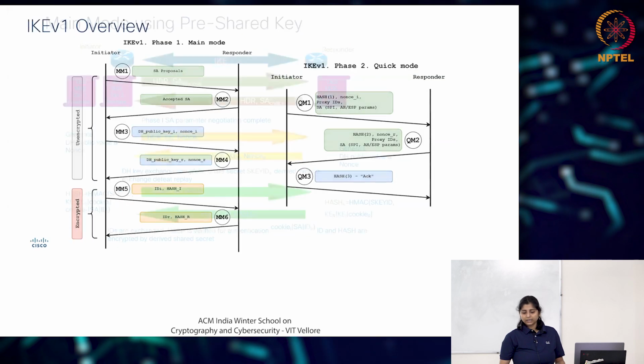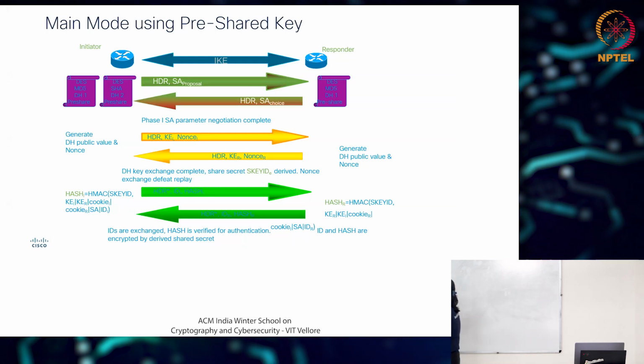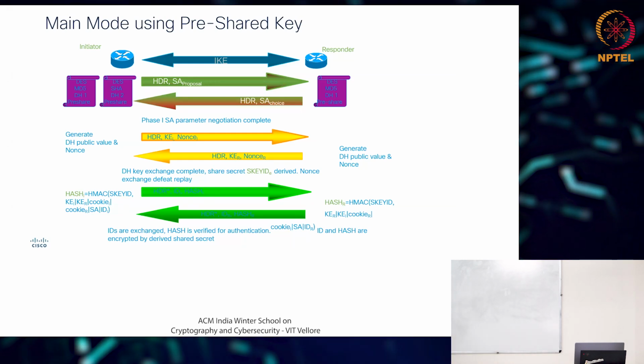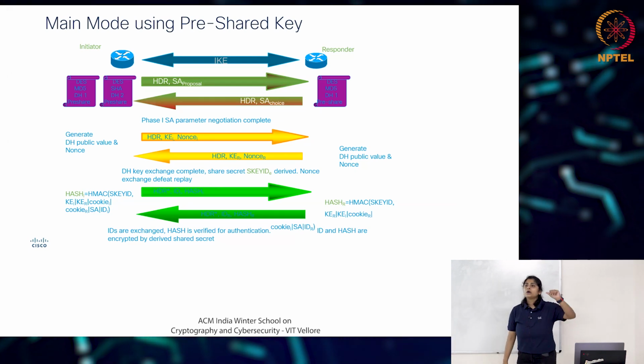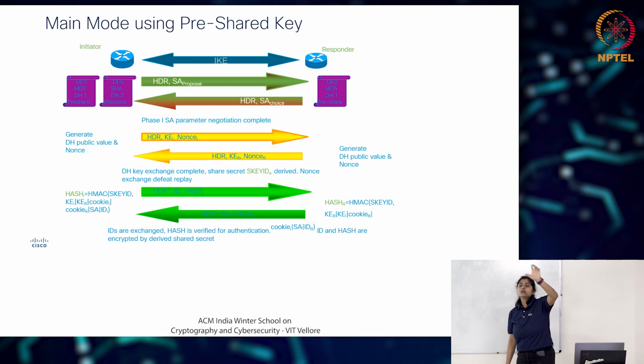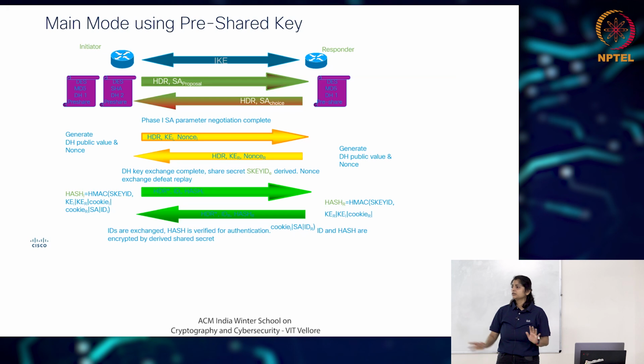Okay, I think we can use this as well to understand. See, you have the public key value, okay? You have the nonce. A nonce, what is a nonce? It's a very big random number. Just assume that.